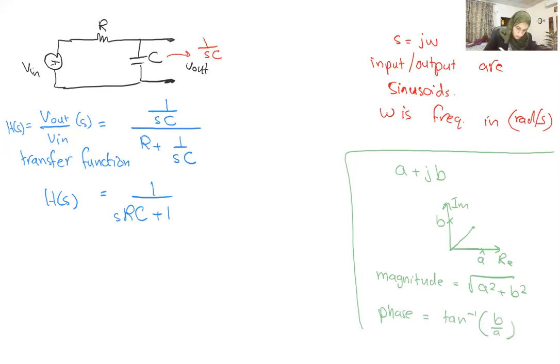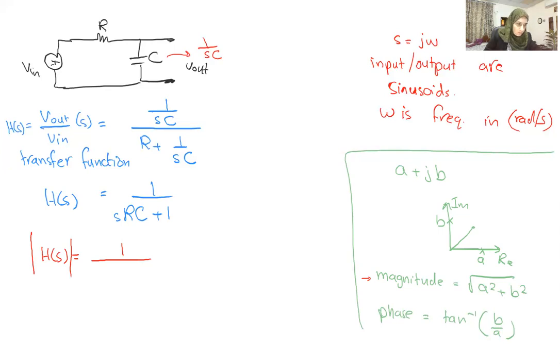Now, similarly, we can find the magnitude of this transfer function by applying the same relation, for the numerator and the denominator. So here the square root of 1 squared is just equal to 1.